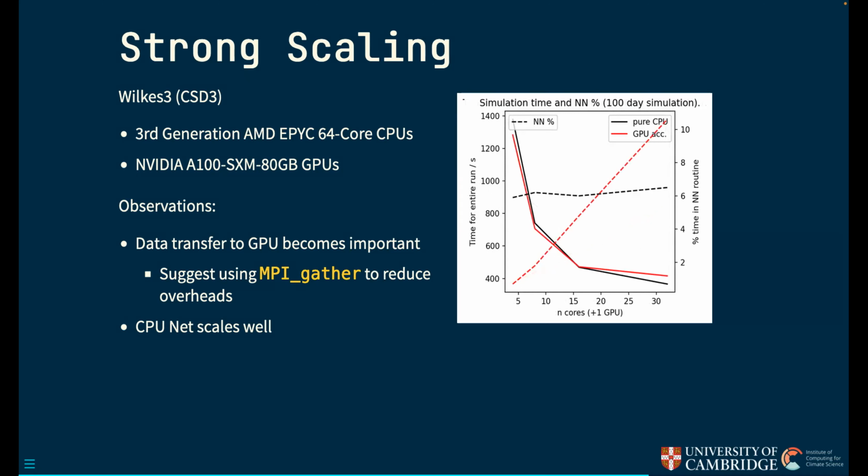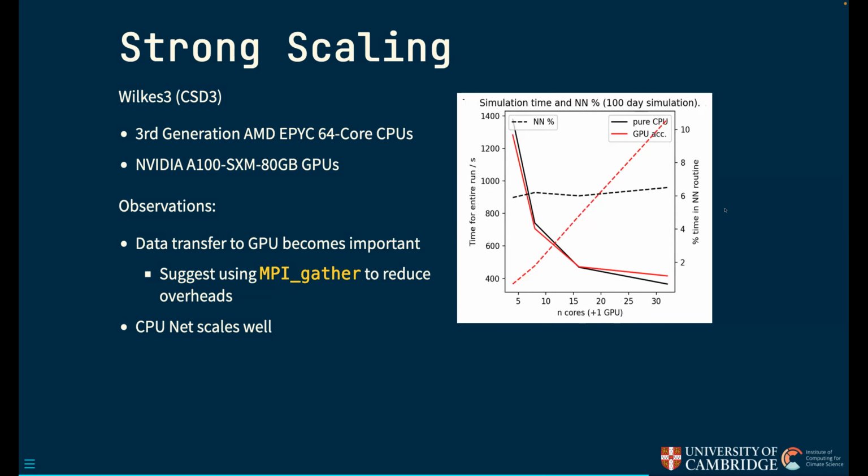If we look at the total simulation time, we can see that as we increase the cores, the solid lines here come down and reach some level of plateau. Interestingly, when you account for the GPU acceleration versus the overheads of data transfer, the two are actually quite similar.